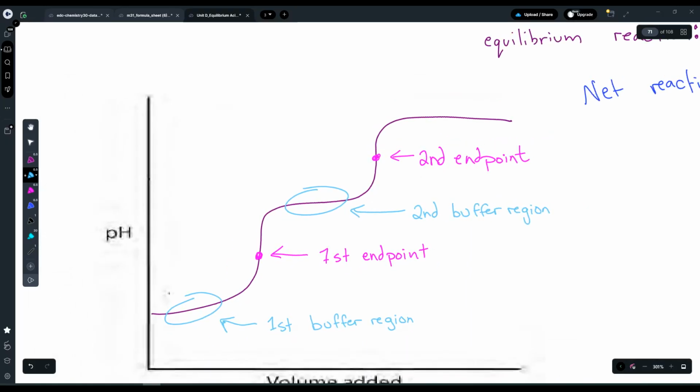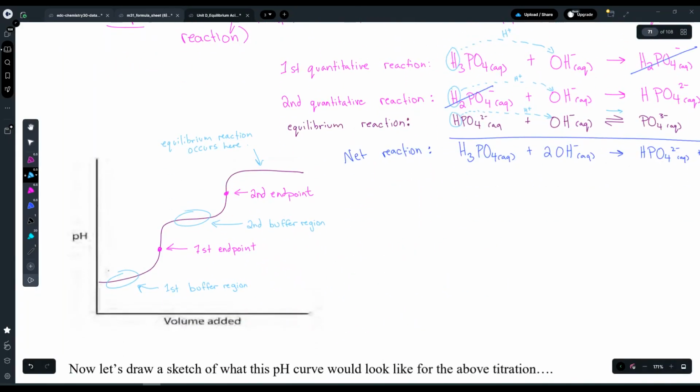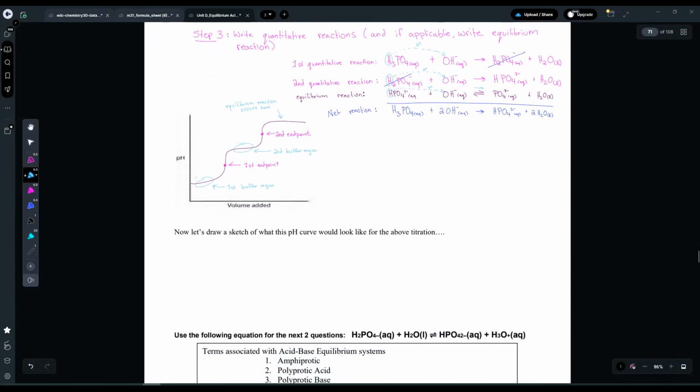Now, you may be thinking, well, this is a plateau, so that should be another buffer region. Your last plateau is never a buffer region because this is where the equilibrium reaction would happen. All right, and that's it.